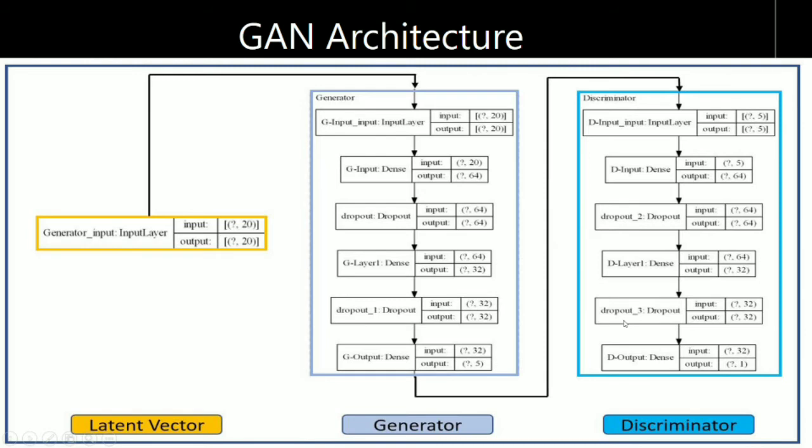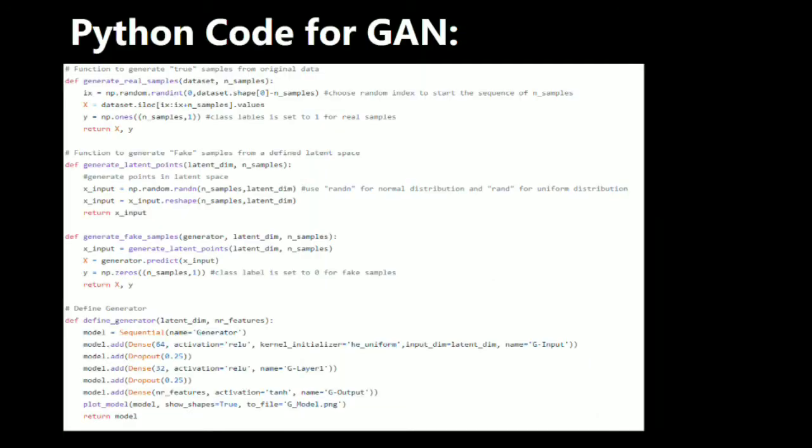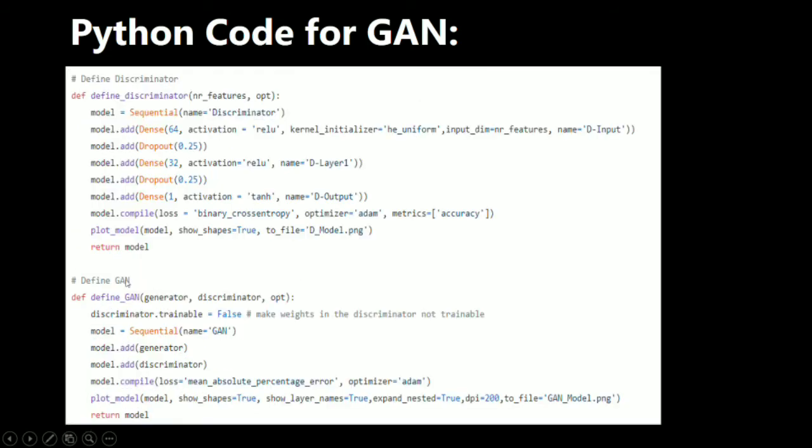Now talking about the Python code. Here the first function is about the real samples that I will be giving, and then I will be generating latent points, then fake samples with synthetic points, and generating the new points. Here I have defined the GAN function.